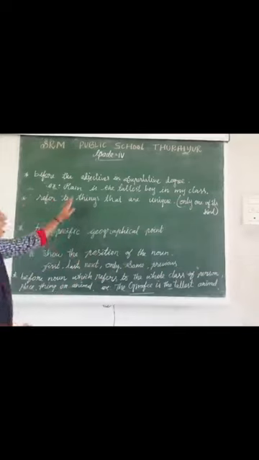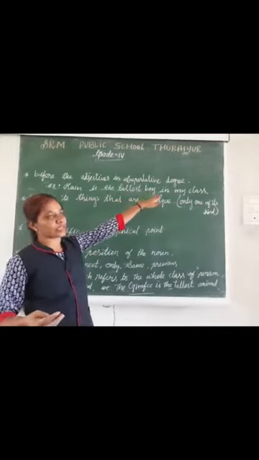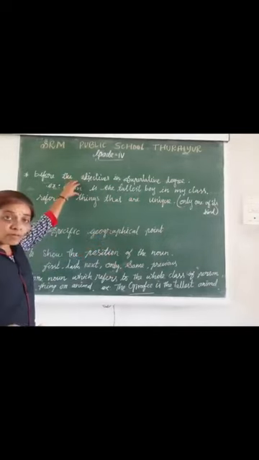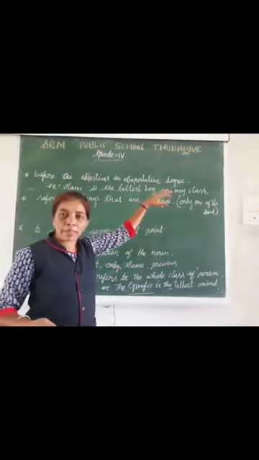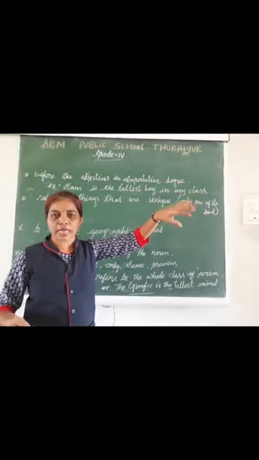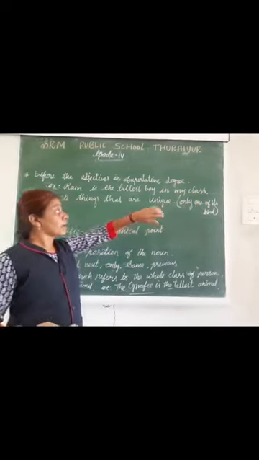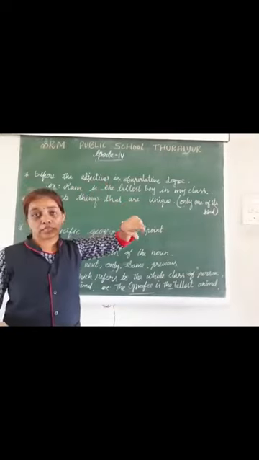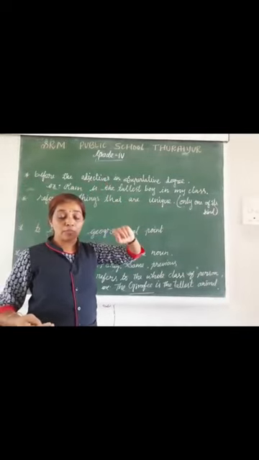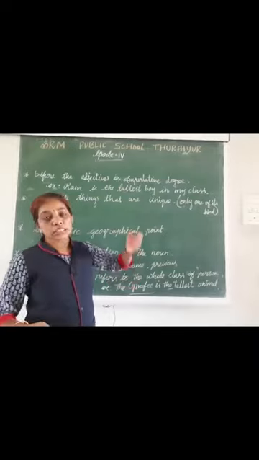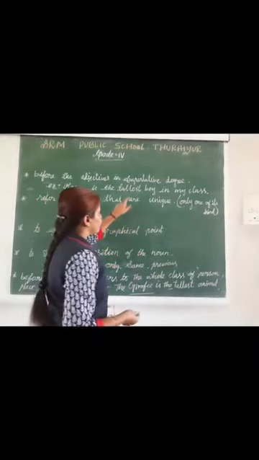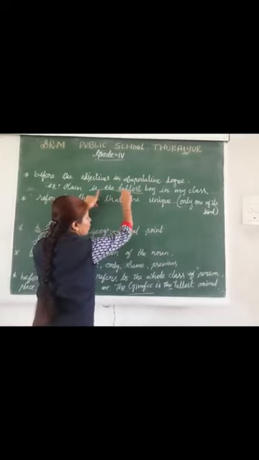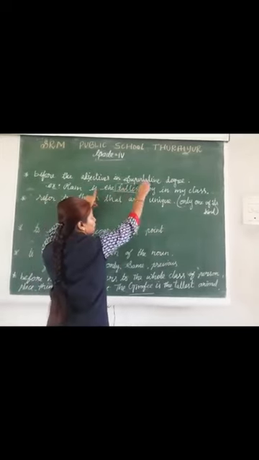We will see an example. Listen here. Ram is the tallest boy in my class. Here we are comparing Ram with all the students in the class, taking Ram to compare with all the remaining students. So we are comparing Ram with more than two. This is superlative. The adjective here is tallest, a superlative adjective.